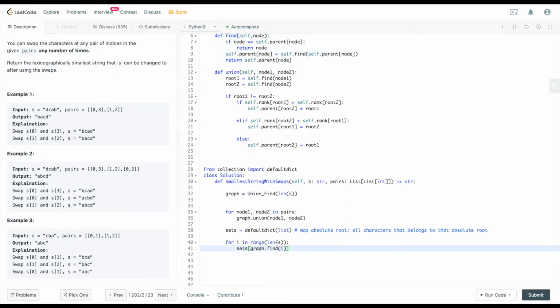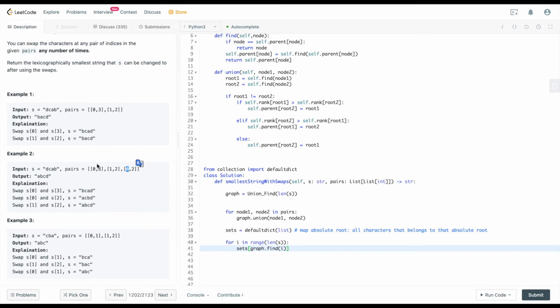And we're gonna store all the absolute roots. There might be 4 characters here, but the absolute root, in this case, should just be 1, right? Because everything is connected. There's only one component, so it can be 0 or 1 or whatever the highest rank is. And they're all part of, let's say 0 is our absolute root.